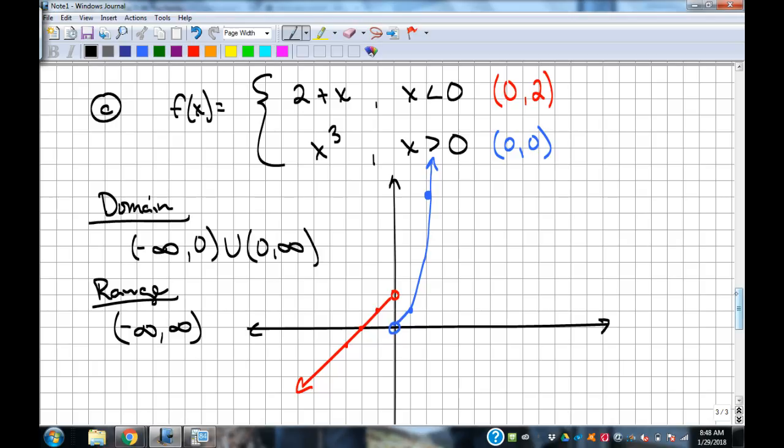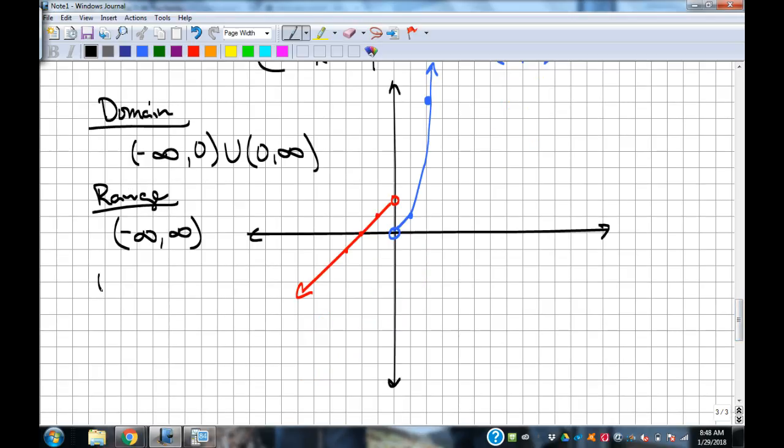Okay. Intercepts. But there's the one right there, in the negative. So what kind of intercept is it?